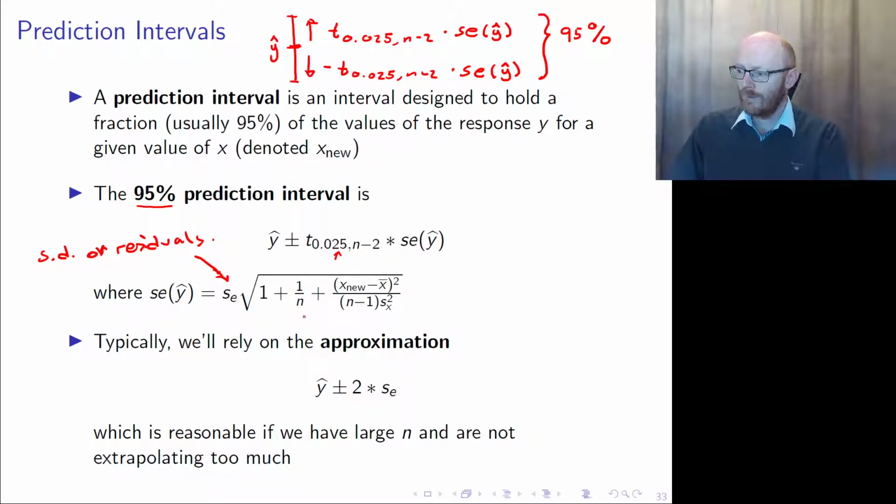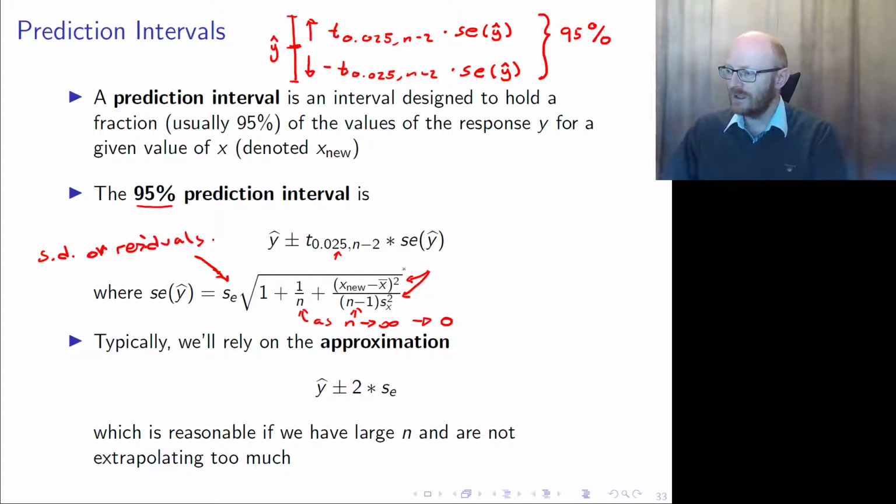But as n goes to infinity, these terms go to 0, okay? Because the denominator increases, but everything else is constant.